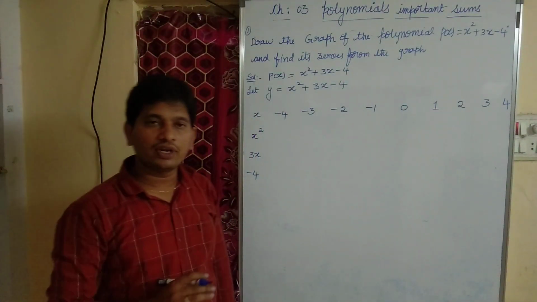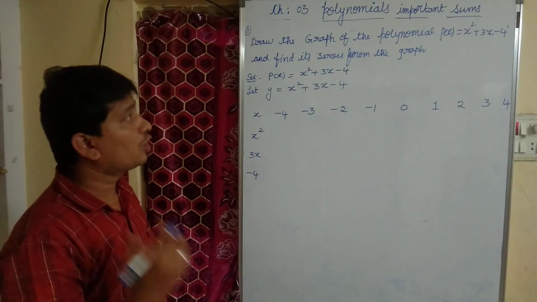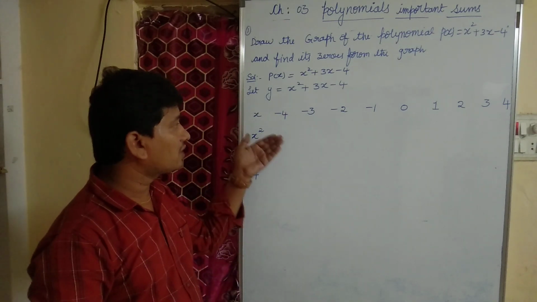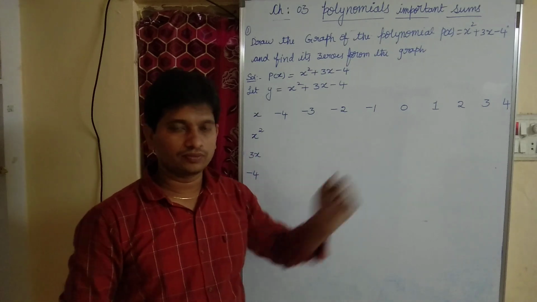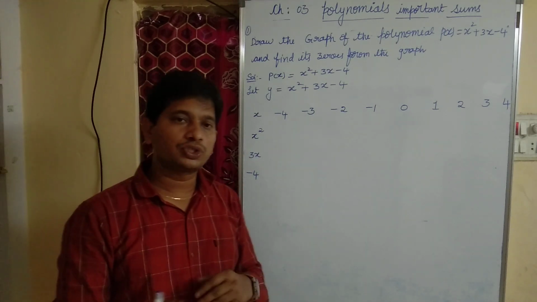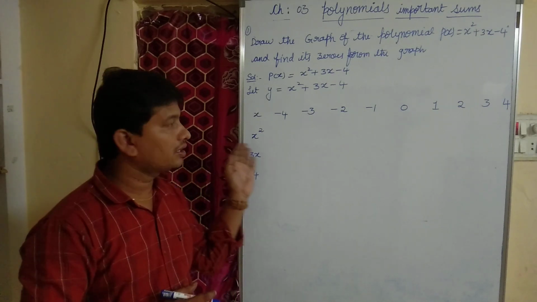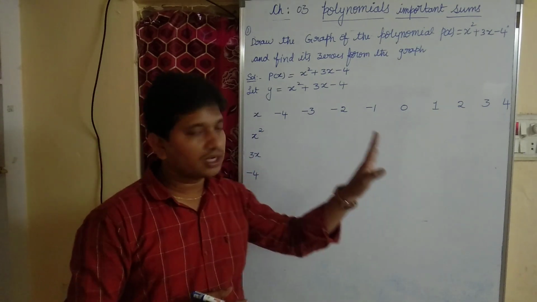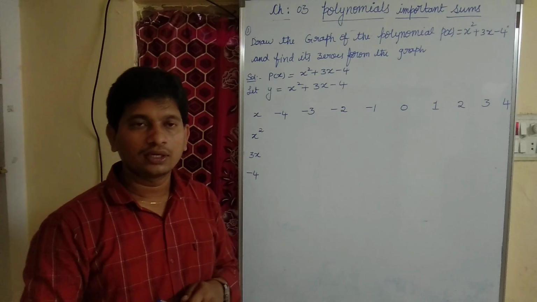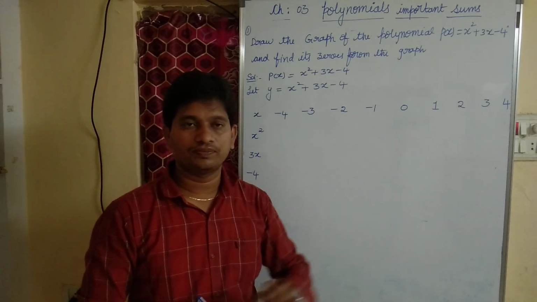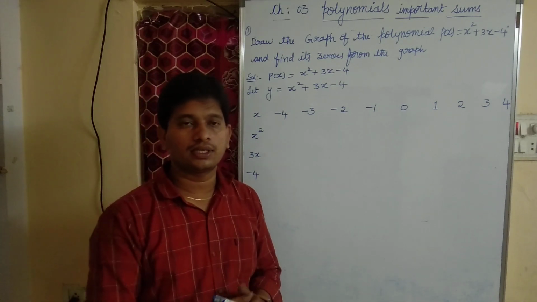For whatever polynomial is given, you take the values of x from minus 4 to 4, because almost whatever problems they give will be within minus 4 and plus 4 only. By default, take all x values from minus 4 to plus 4. No doubt at all, you will get the answer.